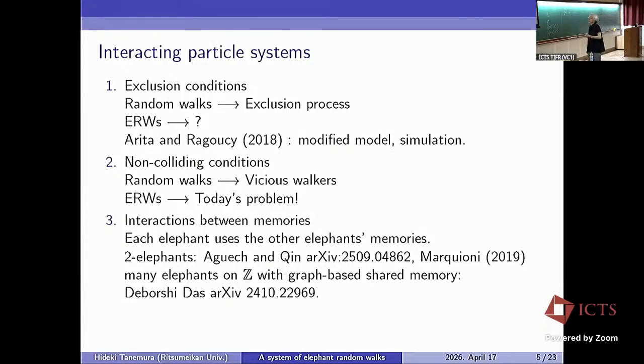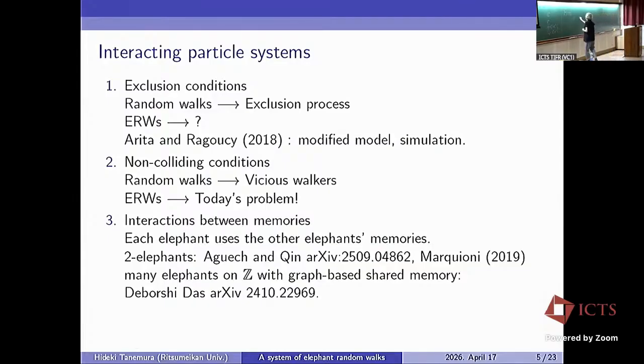And the interacting particle system: this is a candidate, an interacting system. I think this is very interesting. The first one is the exclusion condition. For the random walk case, this is the exclusion process. Exclusion is very easy.